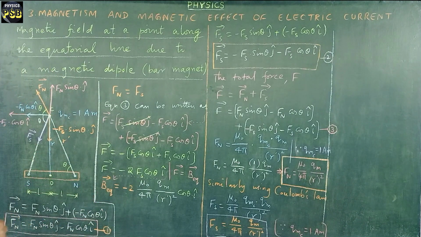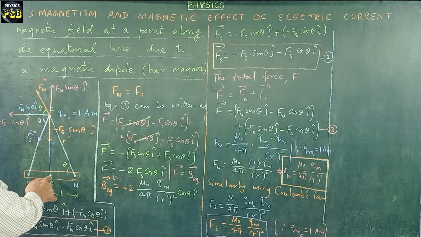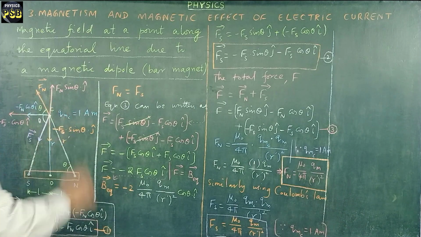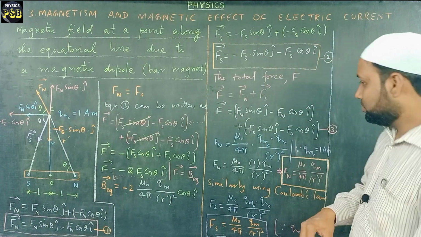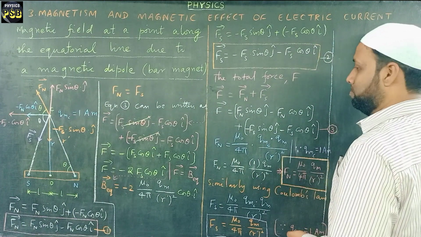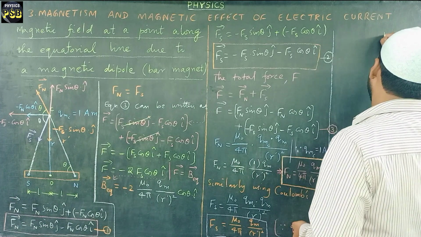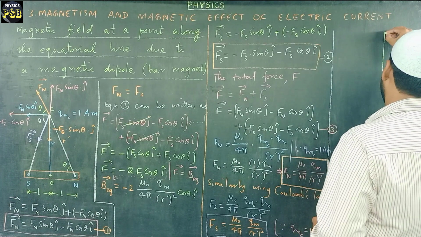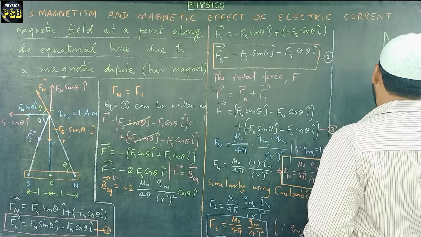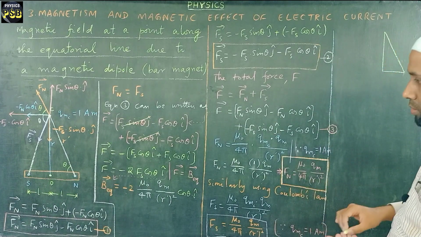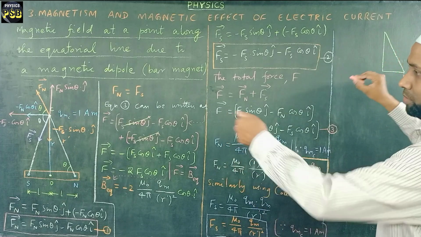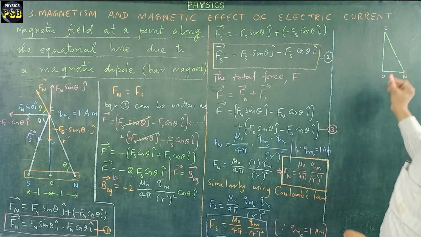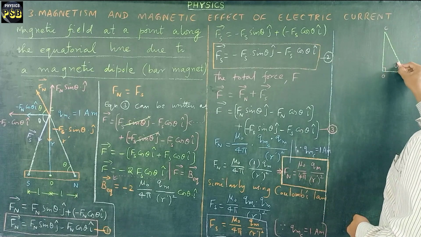For that, I take this right angle triangle ONC, which is nothing but a right angled triangle. Here we have angle theta.